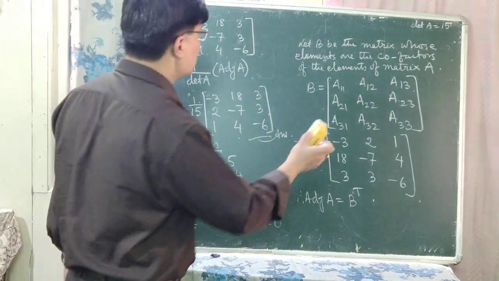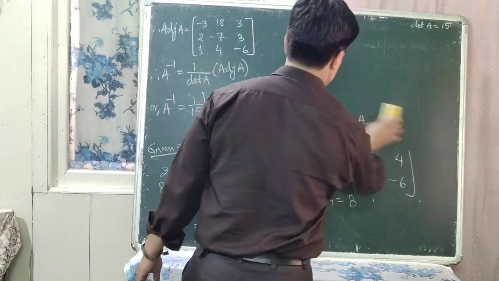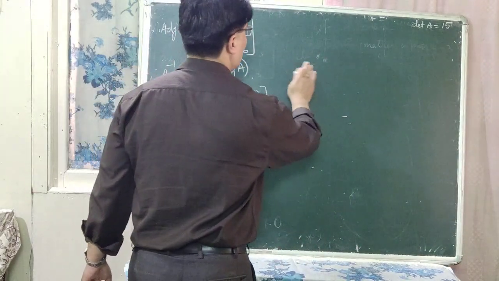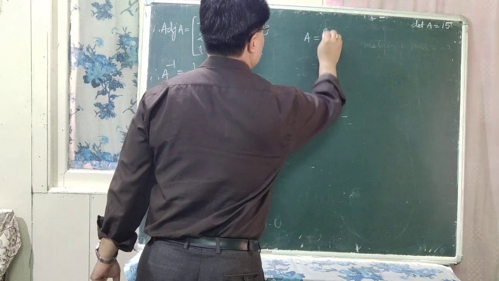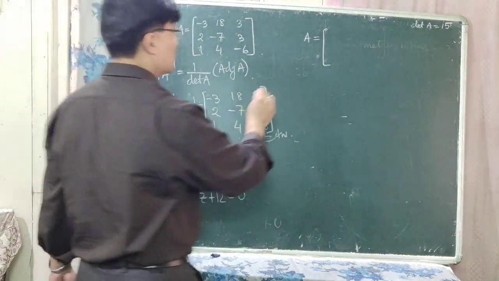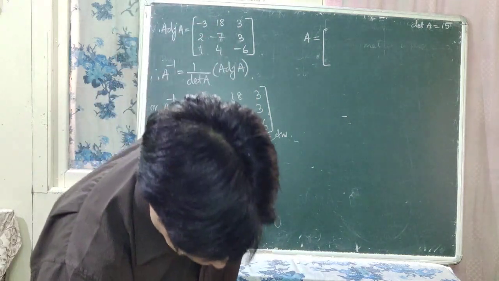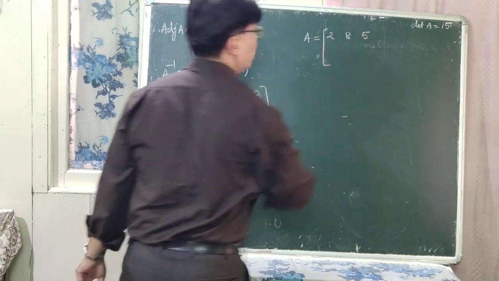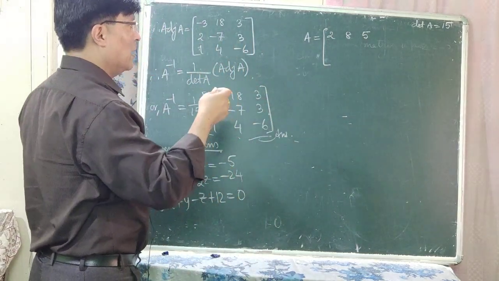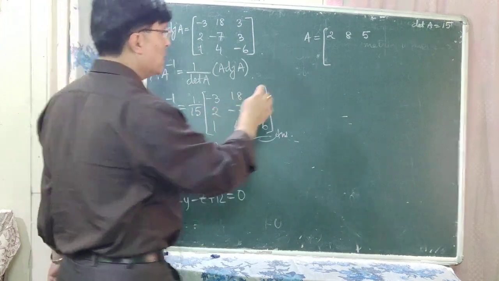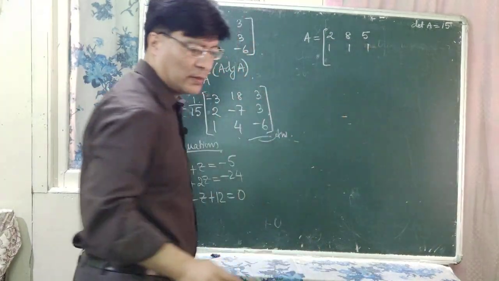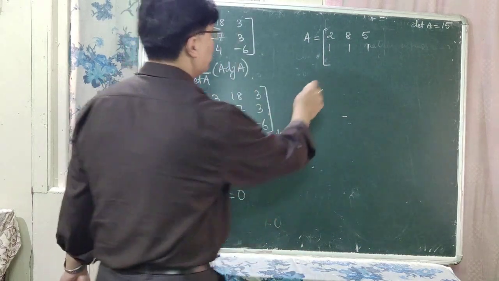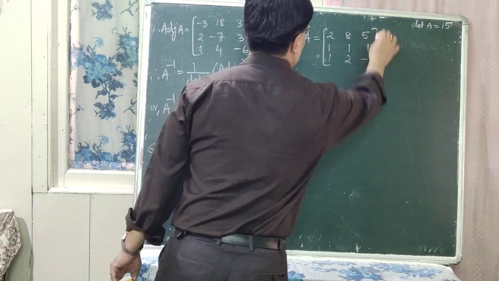So now, what was the matrix A? You have to write down the matrix A also. The matrix A was given as 2 8 5, then next 1 1 1, and then 1 2 minus 1.